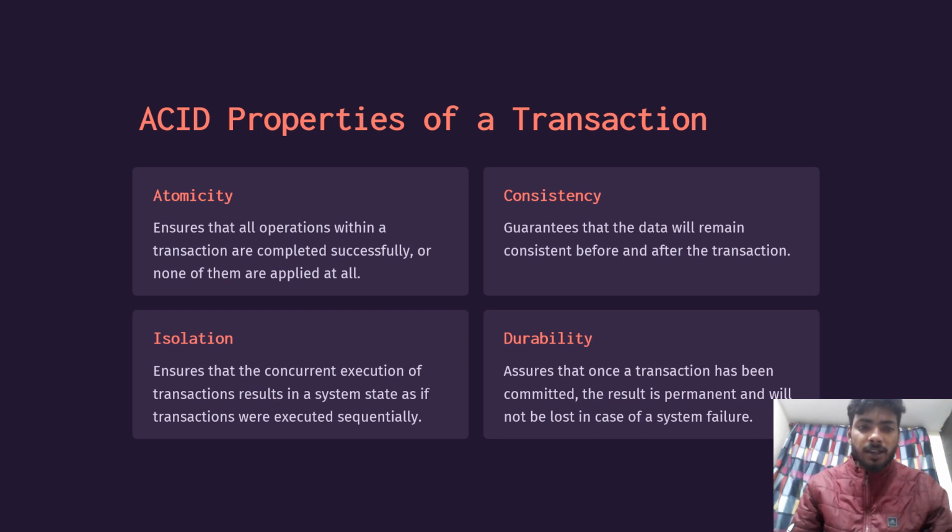Isolation, ensuring that the concurrent execution of transactions results in a system state as if the transactions were executed serially. Durability, ensuring that once a transaction has been committed, the result is permanent and will not be lost in case of failure.